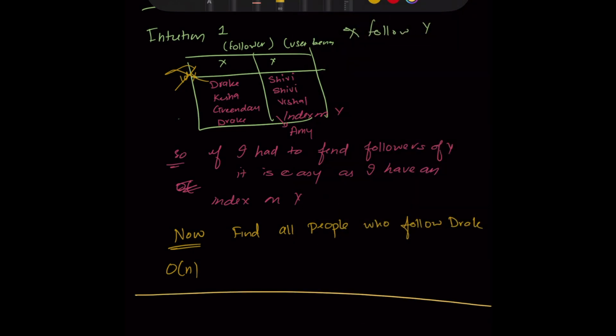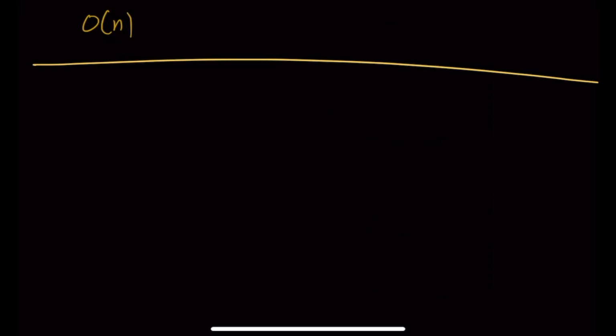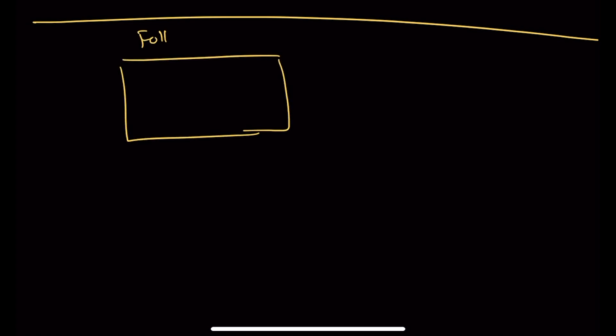So we should never be afraid of replicating data. Okay, so what about we create this table like followers, we say Shivi, followers, Shivi follows Drake, Shivi follows Kesha.